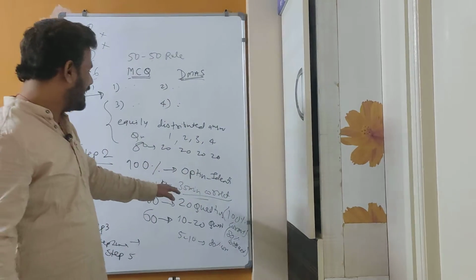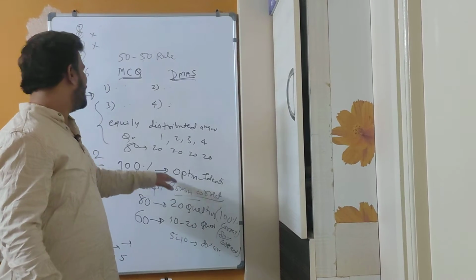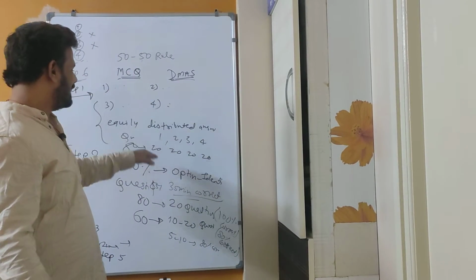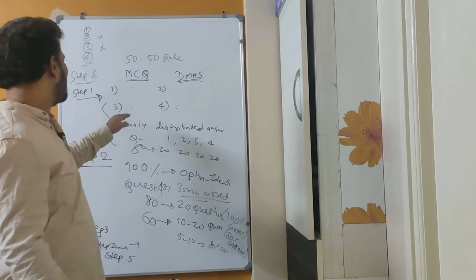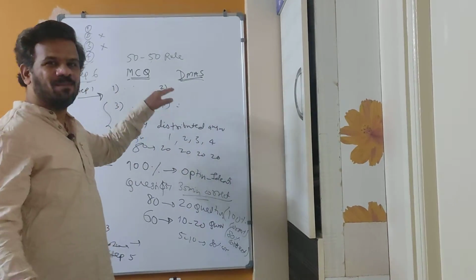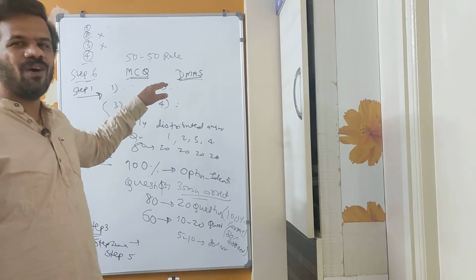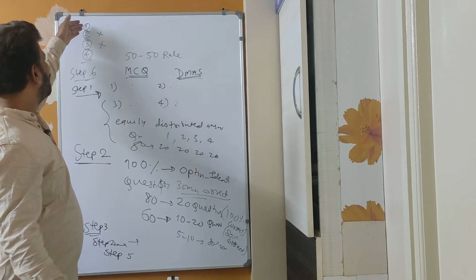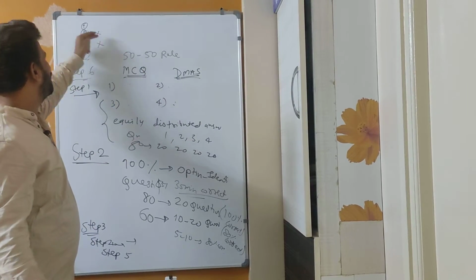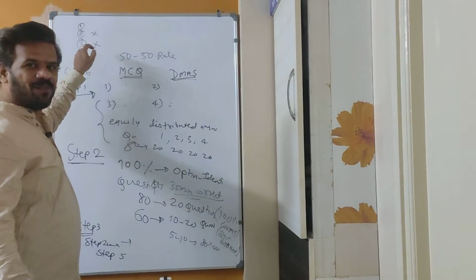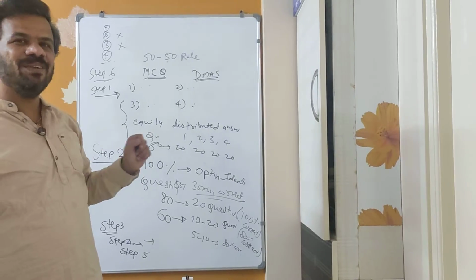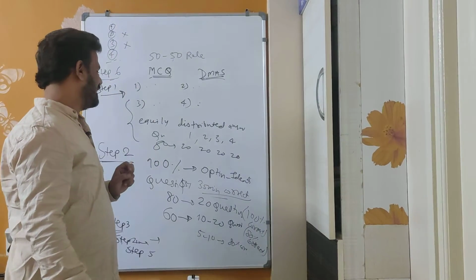If you realize that out of 35, 17 are option 1 and 17 are option 2, then you know the probability that option 3 and 4 are the most remaining options, and now you have a probability of 50-50, 1 and 4 only remaining. So go ahead and choose option number 4. That will be the most accurate answer.